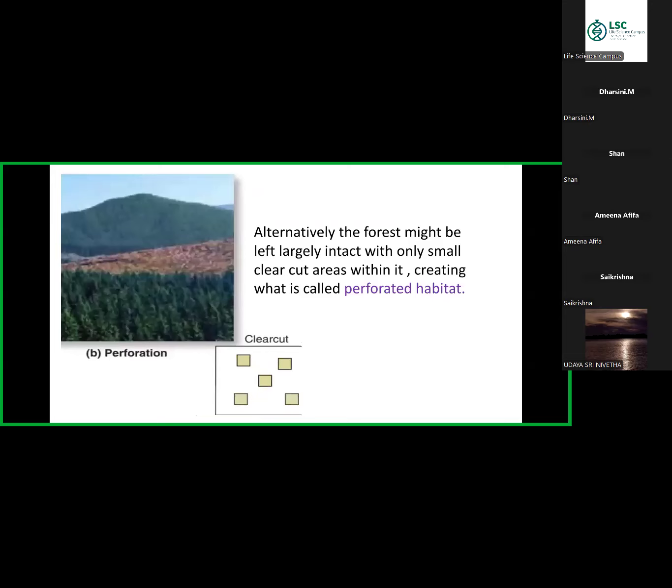And in the second case, some clear-cut areas are created. A large portion of the forest is intact, but only small clear-cut areas are created within that forest, leaving a space inside that forest. That is said to be perforated.